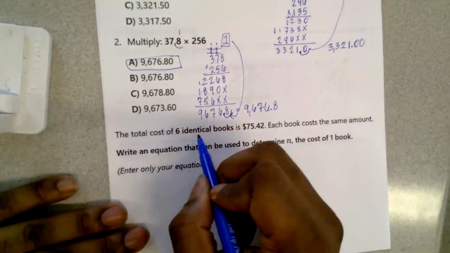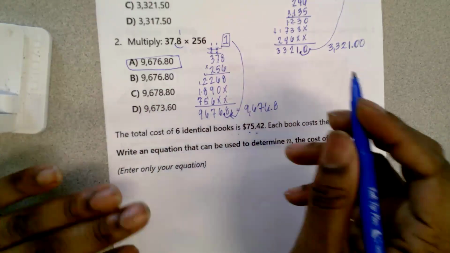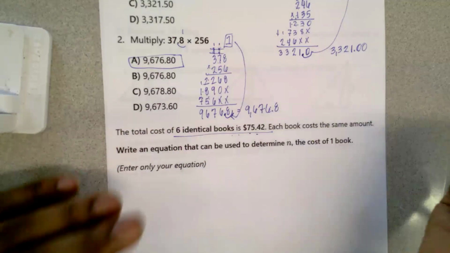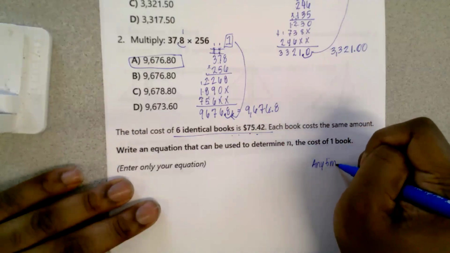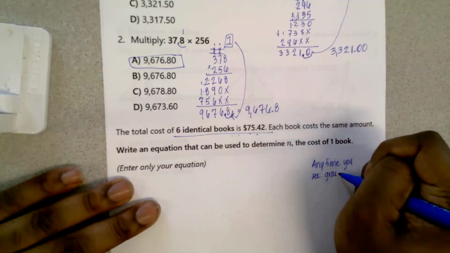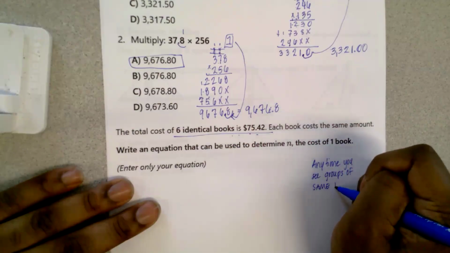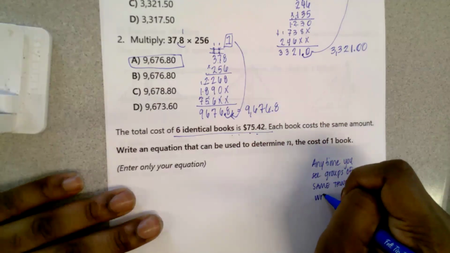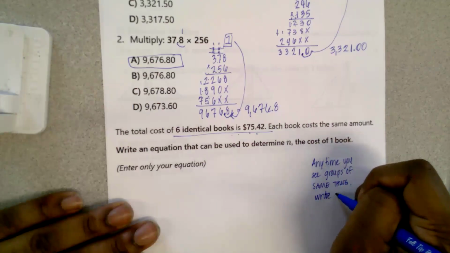Now, the total cost of 6 identical books is $75.42. If we know that it's groups of the same thing, anytime you see a number next to a variable, that's a coefficient, because if it costs the same, it's the same thing.